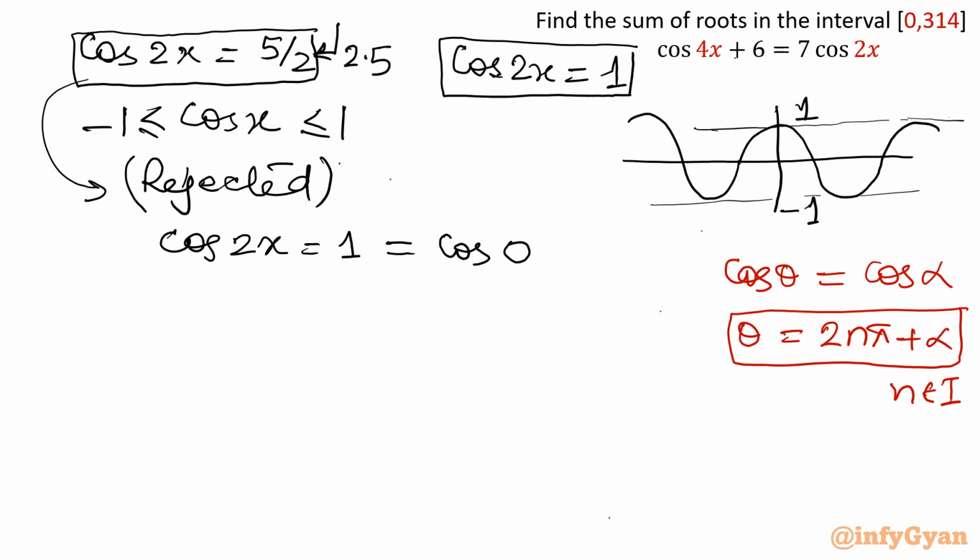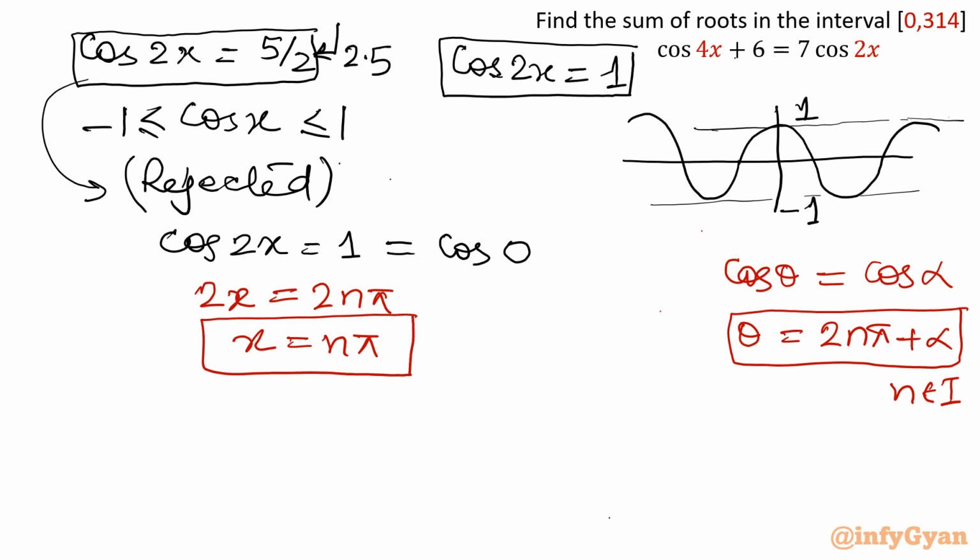This is our general solution. In our case, alpha is 0, so let me put 2x is equal to 2n pi plus 0. So x is equal to n pi. This is our solution.